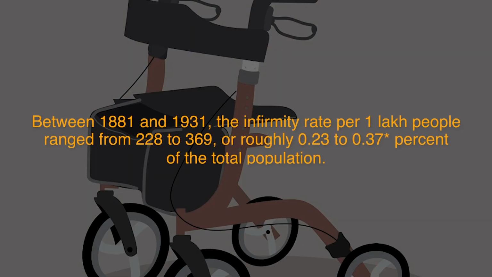But those were not typical features, nor did they have many extensive details. Between 1881 and 1931, the infirmity rate per 1 lakh people ranged from 228 to 369, or roughly 0.23 to 0.37% of the total population.